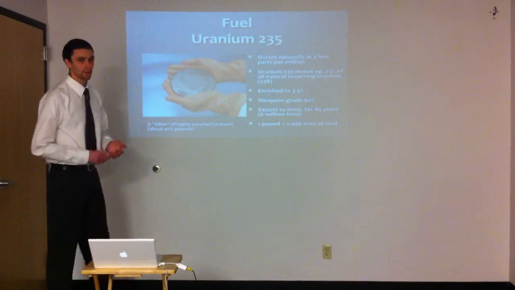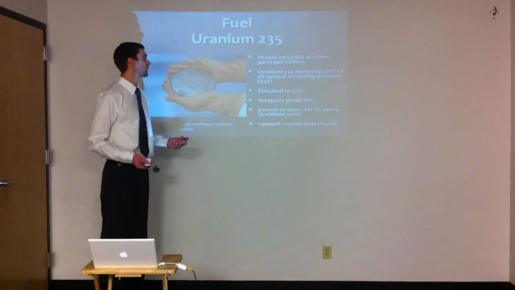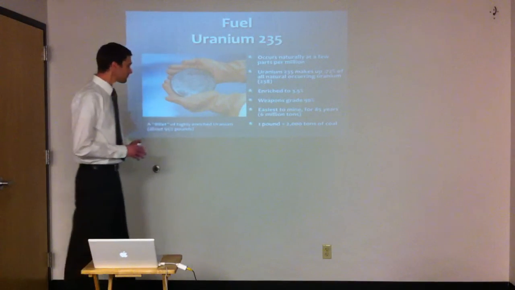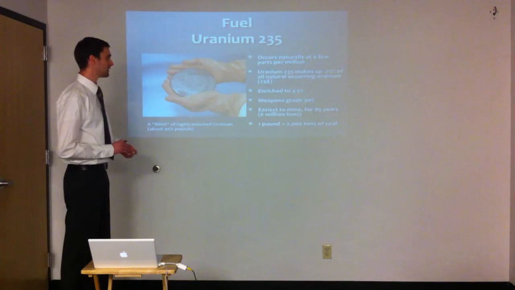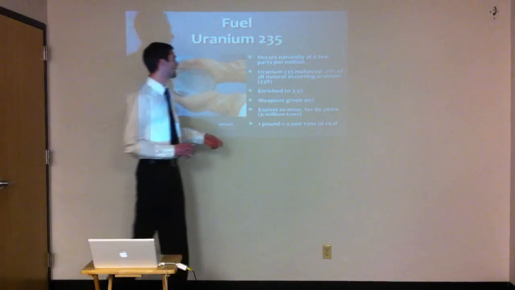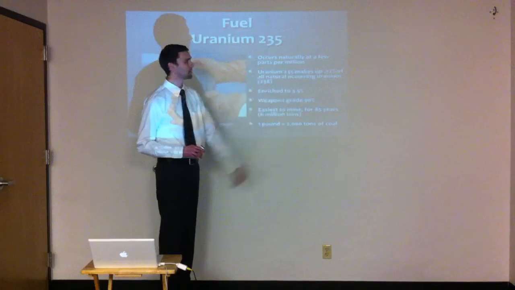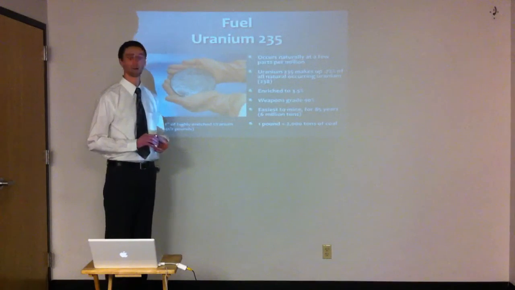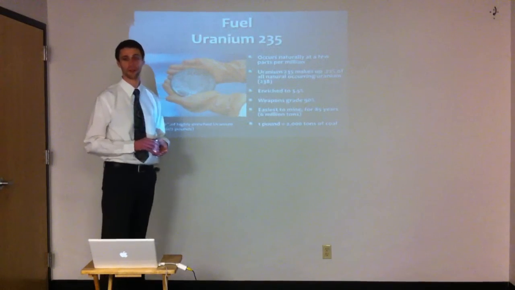So the isotope that is used in a nuclear power plant is uranium-235. And this is a bit of a problem because uranium-235 only makes up 0.72% of all naturally occurring uranium, which is mostly uranium-238.